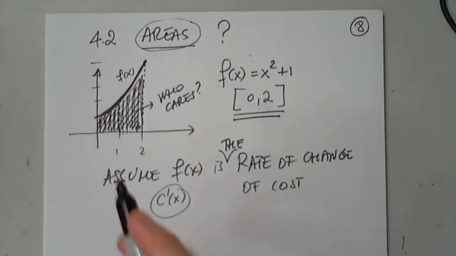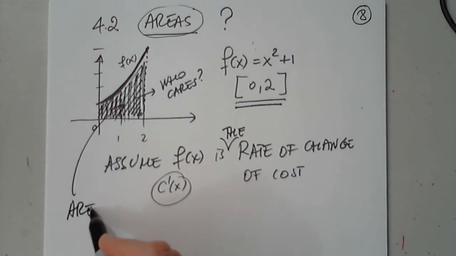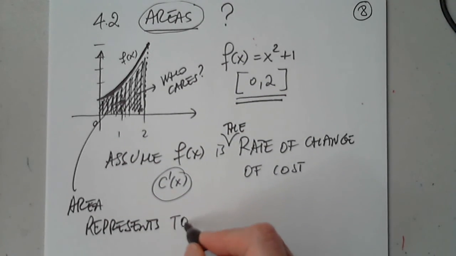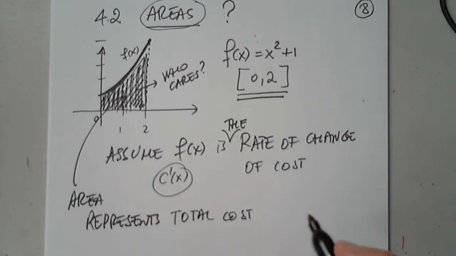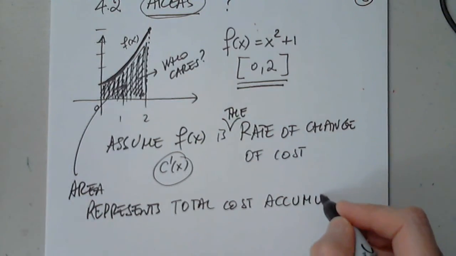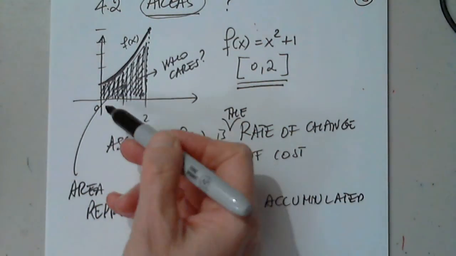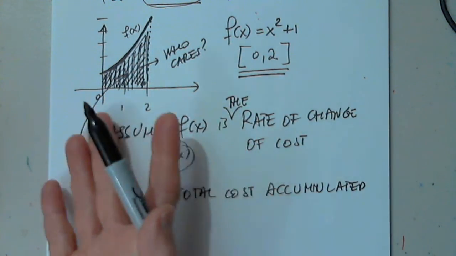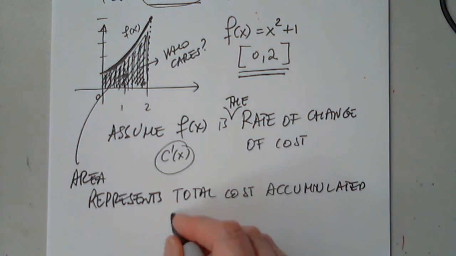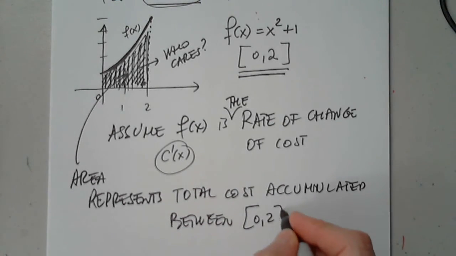That area will represent total cost accumulated between 0 and 2 days, months, years, whatever you want, between 0 and 2.